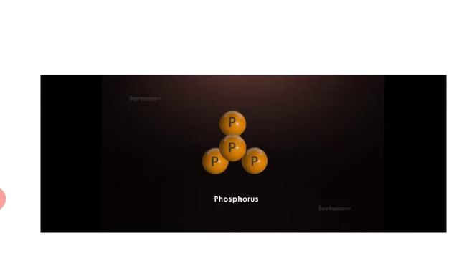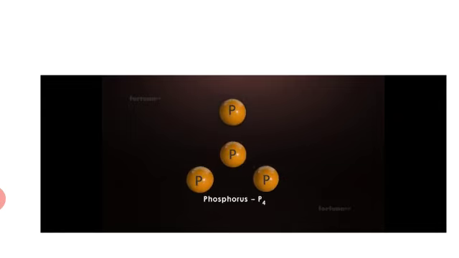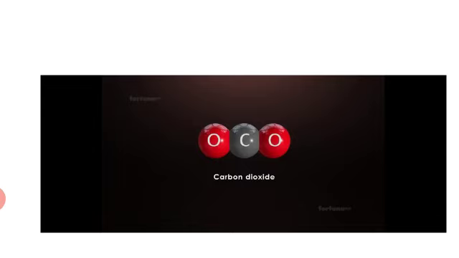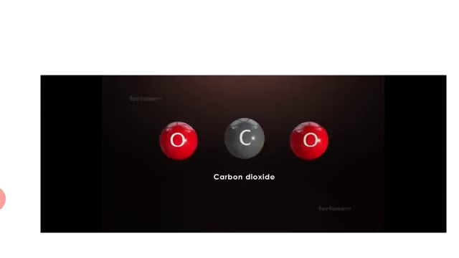The phosphorus molecule contains 4 phosphorus atoms, so its atomicity is 4. Molecules of this type are said to be tetraatomic. When the atoms from 2 or more different elements combine, they form a compound. Carbon dioxide is a compound made of 2 different atoms, carbon and oxygen.